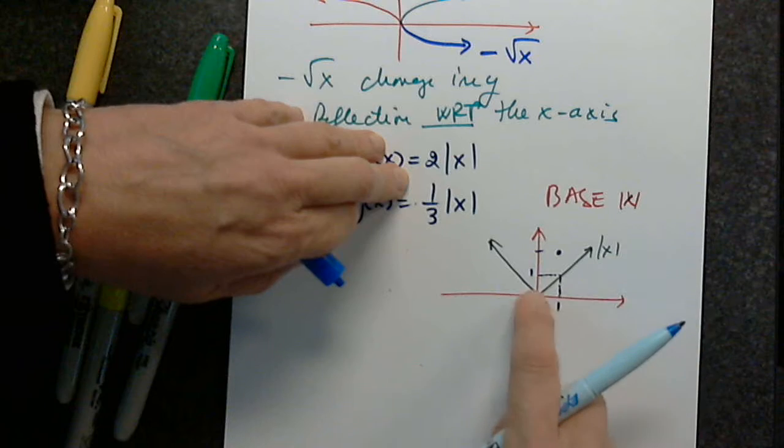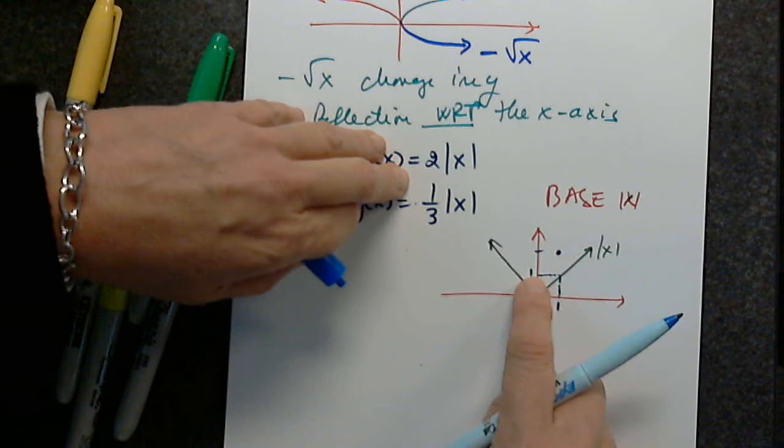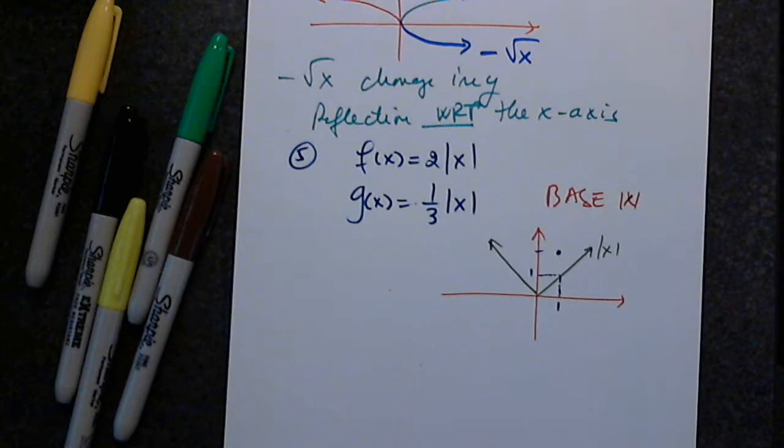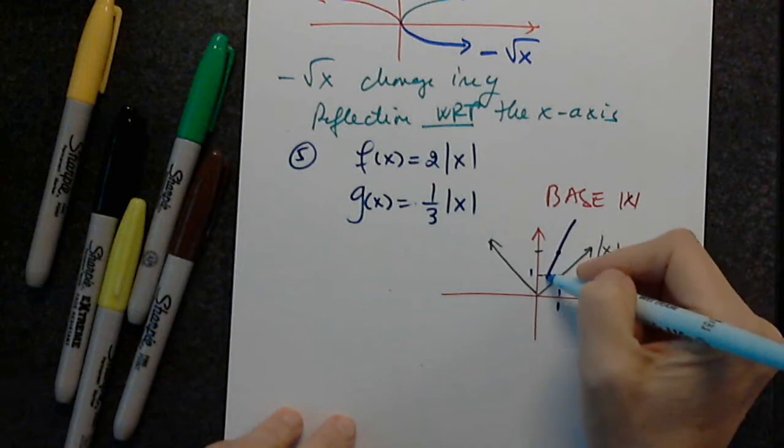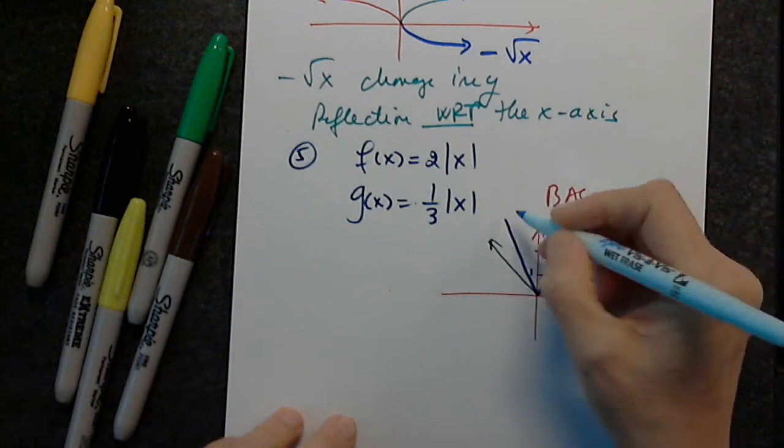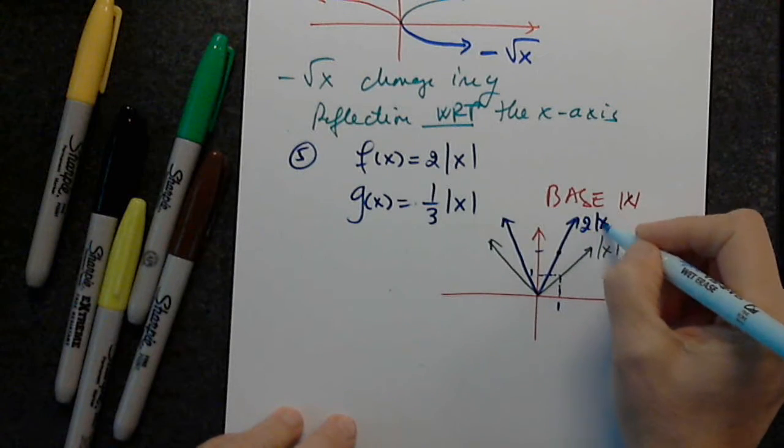When x is 1, the y value is 1 for this, correct? So from the graph, when I multiply the y values by a number greater than 1, the graph will be stretched vertically by a factor of 2. So here's the graph of twice the absolute value of x.